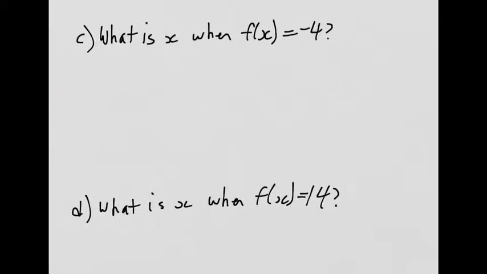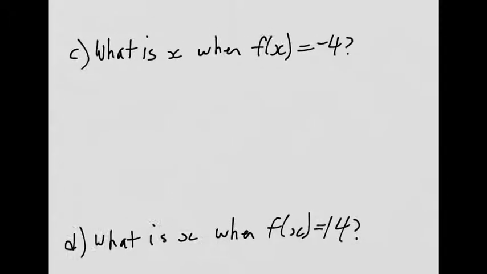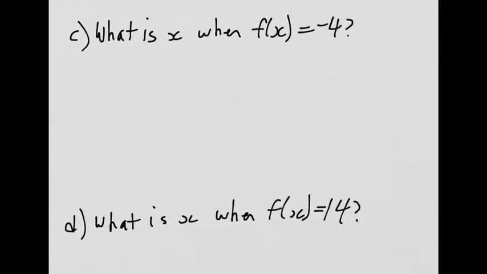Alright, let's look at these other two questions here. First off with C. What is x when f of x equals negative 4? Well, what is this asking you to do? In the function f of x equals 3x minus 7, what are you being asked to find? Essentially, the question is asking what number I could put in for x as an input to get negative 4 for an output.